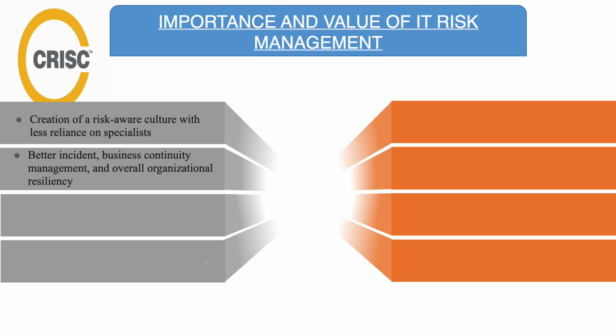What is business continuity? As defined by the International Organization for Standardization, business continuity is an organization's ability to continue to deliver its products and services at an acceptable level following a business disruption.